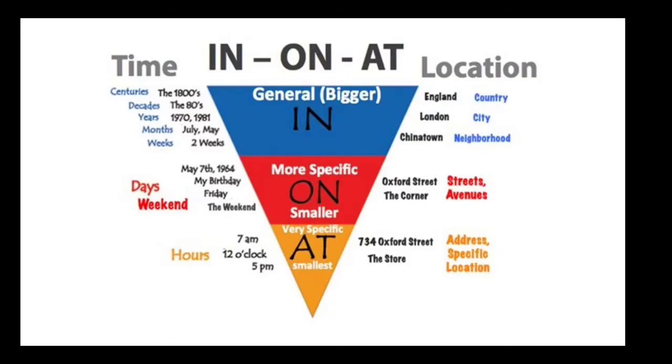Moving to shorter, more specific periods of time, they use on to talk about particular days, dates, and holidays. And for the most specific times, and for holidays without the word day, they use at. And they often use at to mention hours.